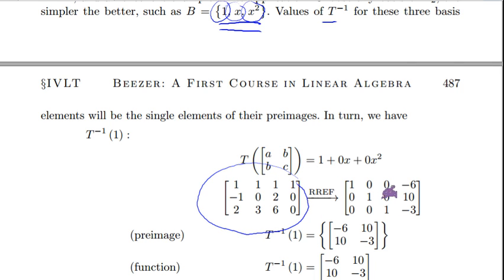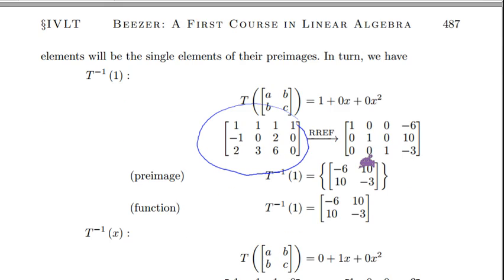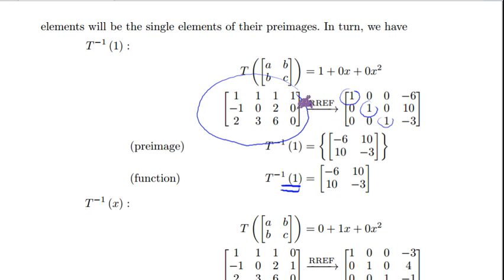When you row reduce this, you get minus 6, 10, minus 3, that means that c equals minus 3, b equals 10, and a equals minus 6. So we've simply plugged the a, b, and c into the matrix form. So this gives us T inverse of 1. If we want T inverse of x, it's going to be very similar. In this case, you want the first coefficient, a plus b plus c, to be equal to 0.